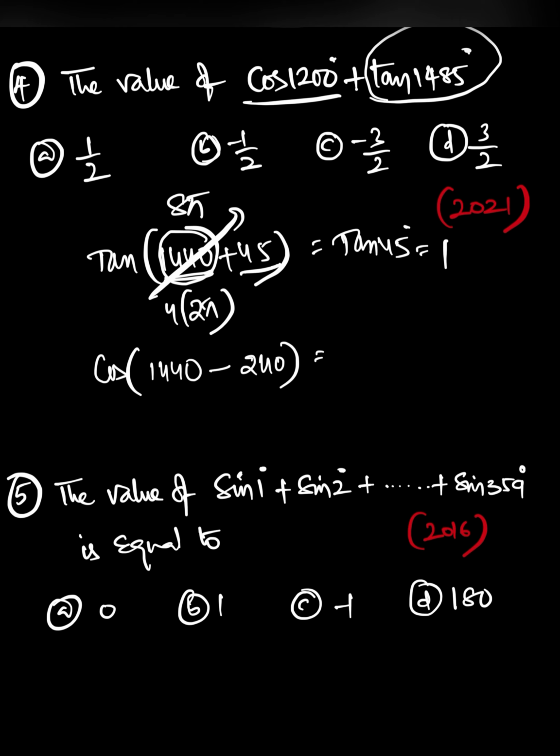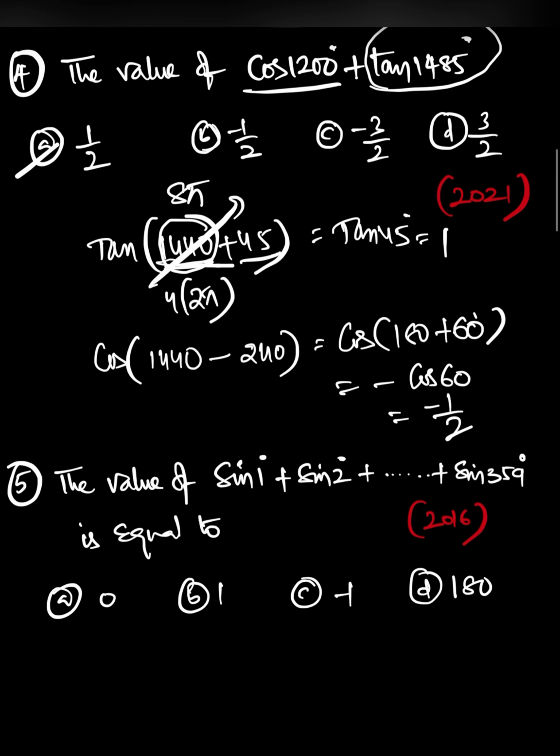Cos 240 is cos of 180 plus 60. 180 plus theta is the third quadrant, so this is minus cos 60, which is minus 1 by 2.